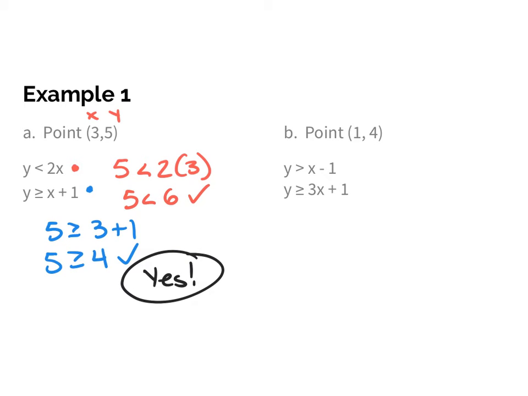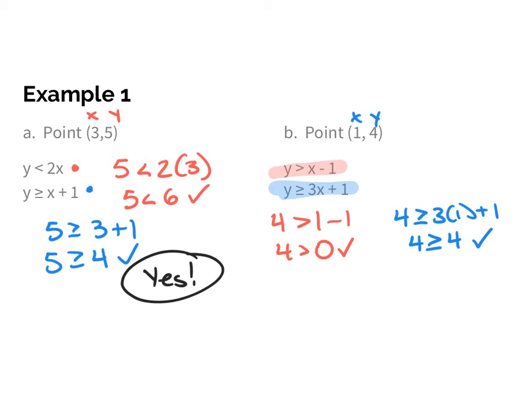All right, to check the next one, again, every point is a value of x and y, so I have 1 and 4. My goal is to plug those in and see if I would get a solution or not. I'm going to plug 4 in where y goes and 1 anywhere where x goes. Plugging those 2 things in, I got 4 is greater than 2, so that works out.